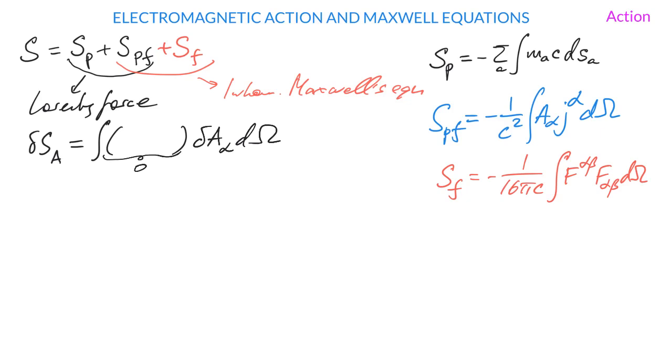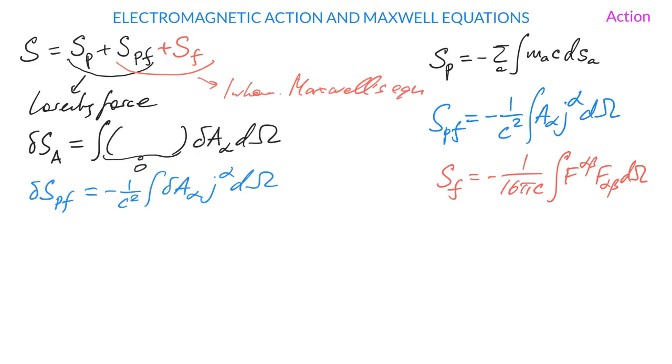So we have two terms that depend on A, that's S sub pf and S sub f. The variation of delta S pf is straightforward. You just stick in the delta symbol in front of A, so it's delta A alpha, J alpha, d omega, and it's already in the standard form, so we don't need to do anything else with it.